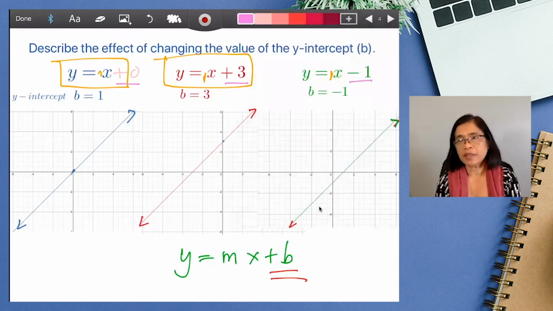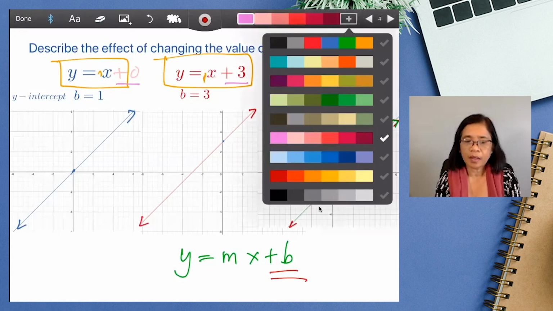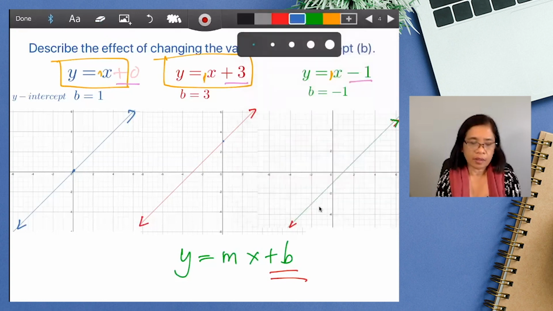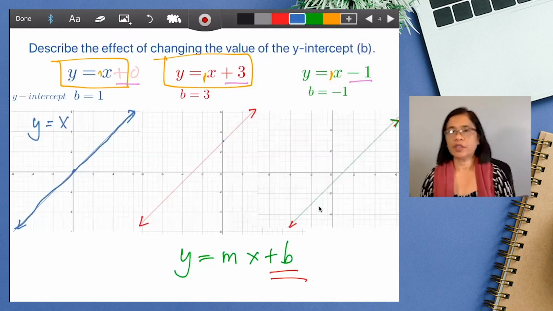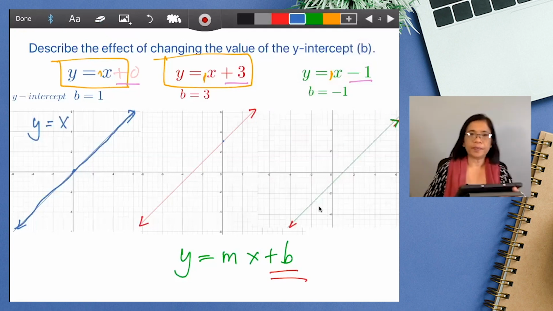So we change this value of b, or the y-intercept, from our parent function y is equal to x. So this first line is the line representing y is equal to x. This is the same as the original parent function we had in example 1.